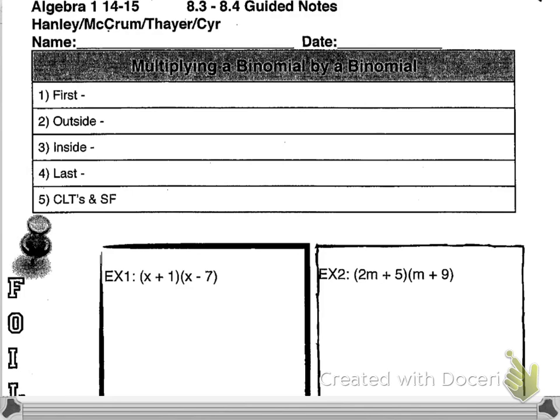So we want to look at our steps here, and then as we fill in our steps, we're also going to do one of the examples below. Alright, so if you look at example 1, we have x plus 1 times x minus 7. They're both binomials because they have two terms.